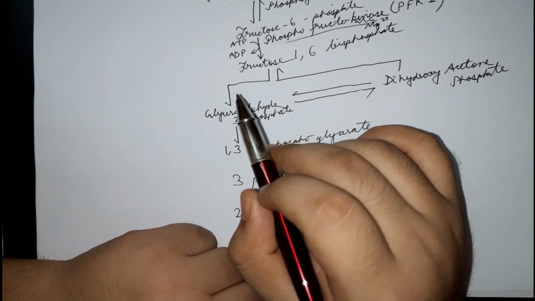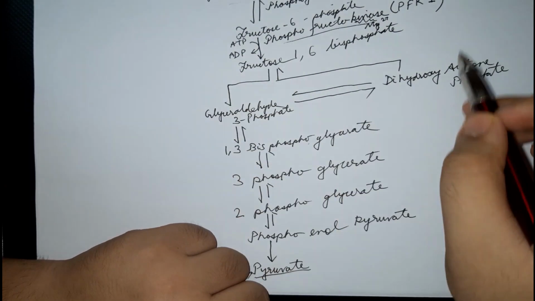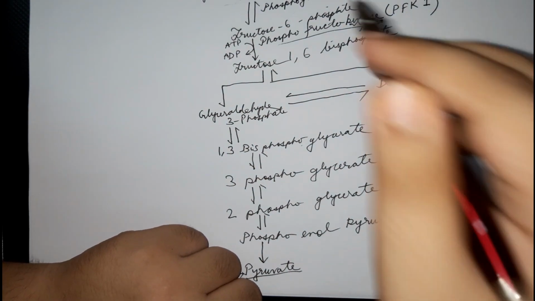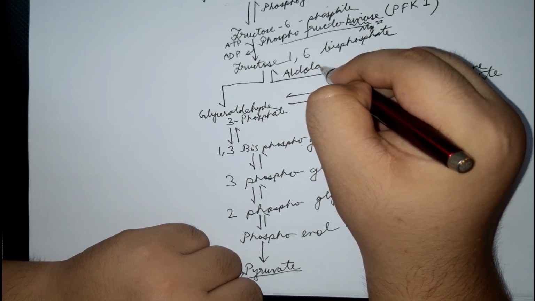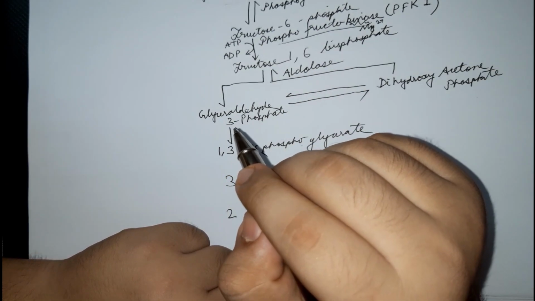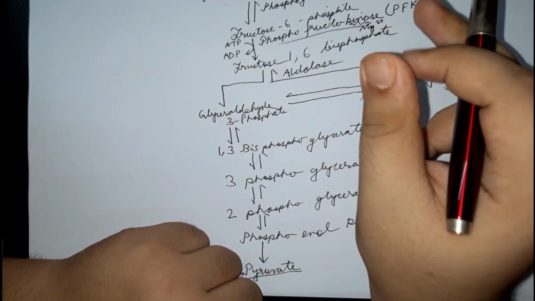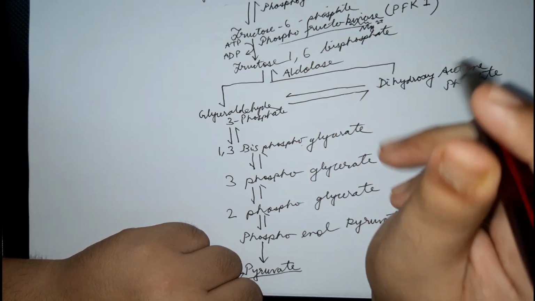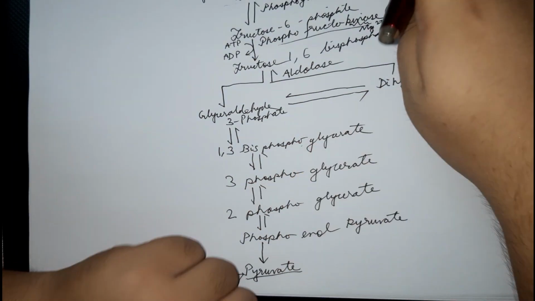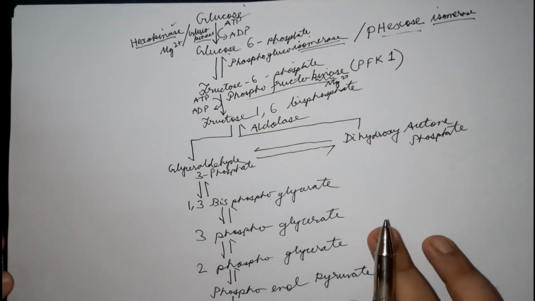So now fructose 1,6-bisphosphate will be split into glyceraldehyde 3-phosphate and dihydroxyacetone phosphate by the enzyme aldolase. Again, just like phosphofructokinase, aldolase also has two isozymes. In fact, up to now, all the enzymes that we have studied had two isozymes, right?